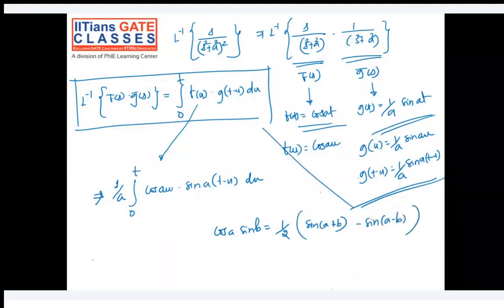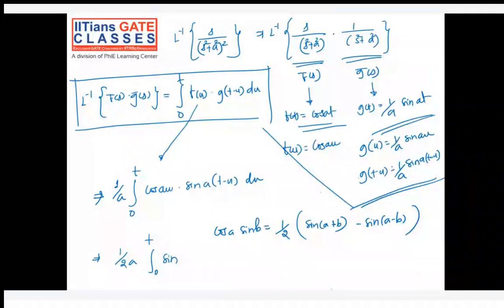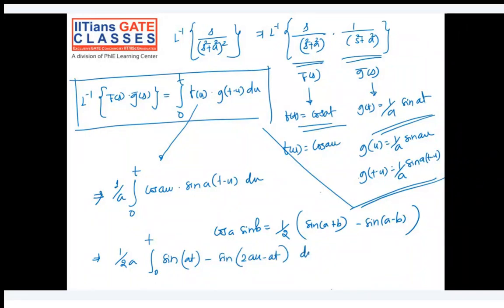So using that, 1 upon 2a, you can write integration 0 to t sine of (au plus at minus au), so au will get cancelled, only at will remain, minus sine of (2au minus at) du. I hope you are following it.